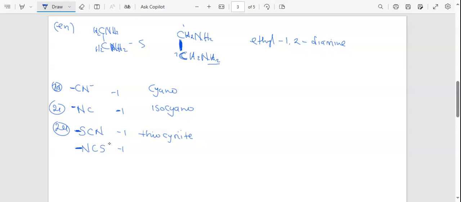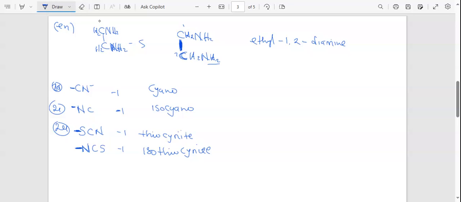Just like that. So this is now like it is bonded. Assume it is now bonded to a central metal. Also here it's bonded. So when N is involved in the bond, we call it isothiocyanate.